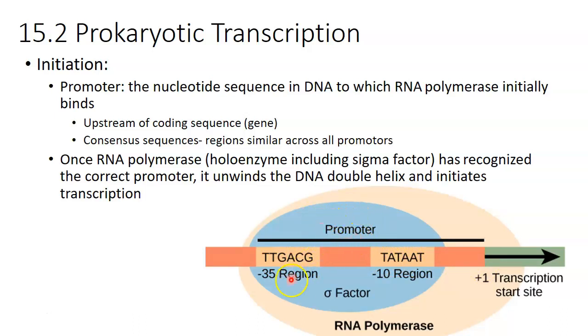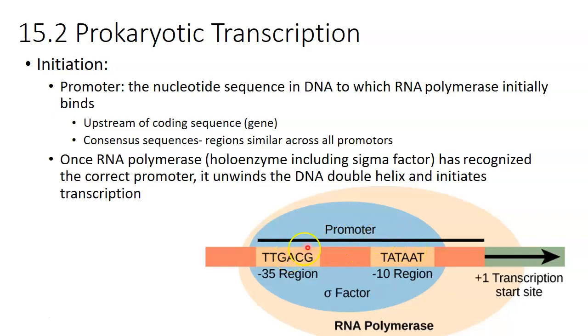Here at the -35 spot, there's always this sequence, TTGACA. And at the -10 spot, 10 bases upstream from our start site, there's going to be something called the TATA box, which is TATAAT. These are consensus sequences. They're similar in all promoters.